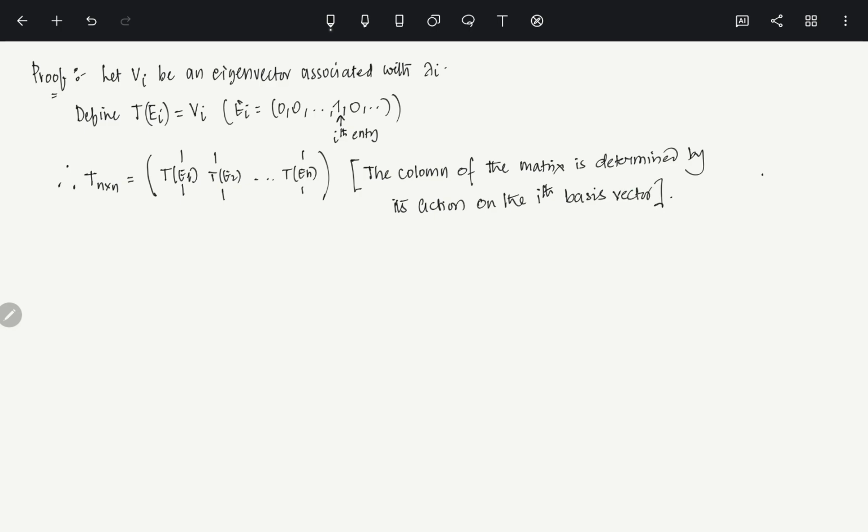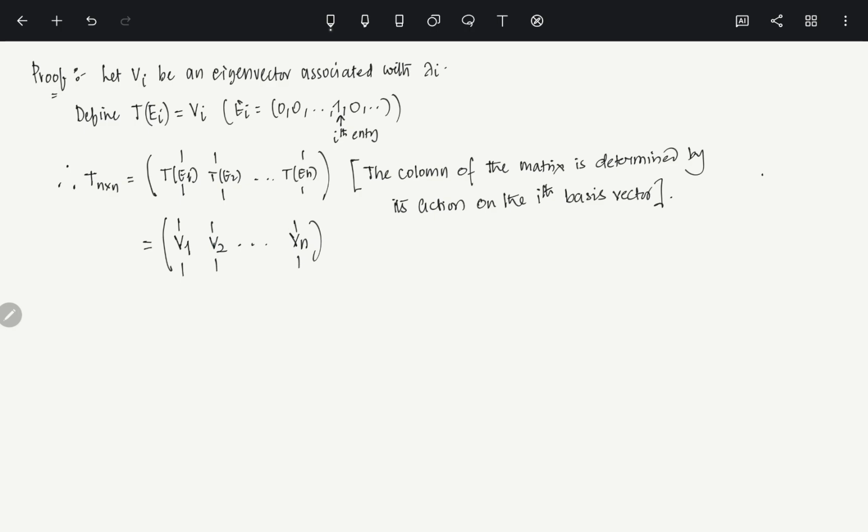Is this fine? Okay, so this is what we are basically trying to do. So you have a matrix T, n cross n, such that the first column is T of E1, the second column is T of E2, and the nth column is T of En. Clear? So this matrix is nothing but V1 as the first column, V2 as the second column, and Vn as the nth column, because that's our definition, right? These are the columns.